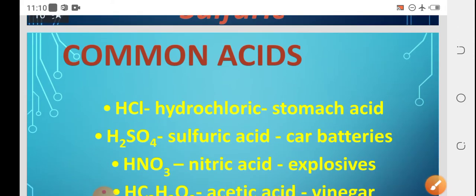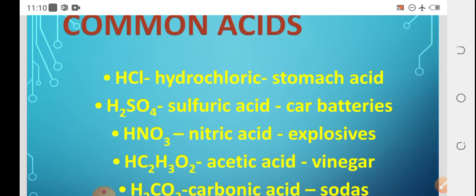And a few examples of acidic materials. The common acids are HCl, hydrochloric acid, present in our stomach. H2SO4, sulfuric acid, is used in cannabis. Nitric acid is used in explosive materials.